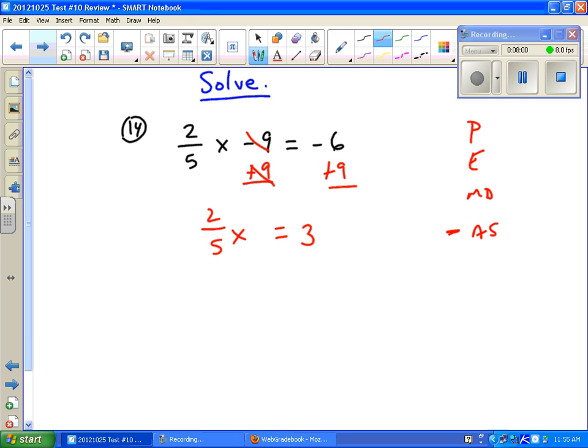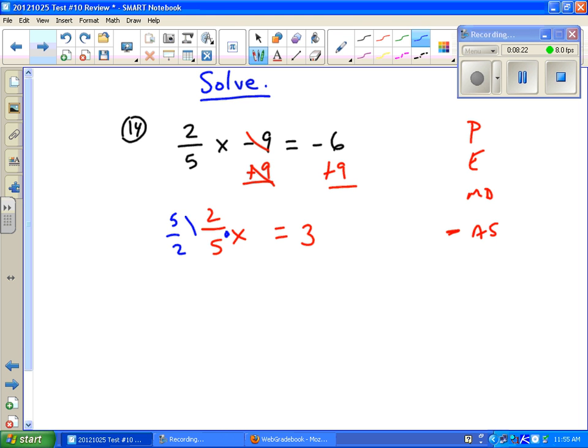At this point, you have 2/5x, which means 2/5 times x. Now, in order to undo multiply, we would divide by 2/5, and since we're dividing by a fraction, we would multiply by its reciprocal. We went ahead last week or 2 weeks ago and changed that to just saying let's multiply by the reciprocal.